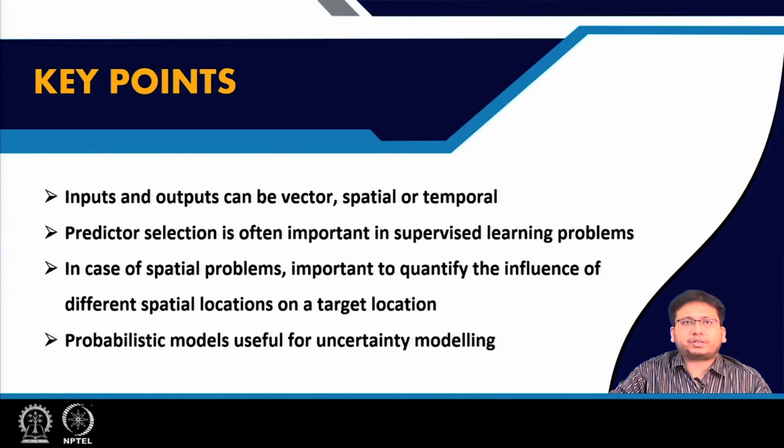Now, in case of spatial problems, it is important to quantify the influence of different spatial locations on the target locations, which is achieved by things like CNNs. In case of temporal problems also, we have equivalent problems in the temporal domain, and when it comes to uncertainty modeling, probabilistic models are very suitable for that.